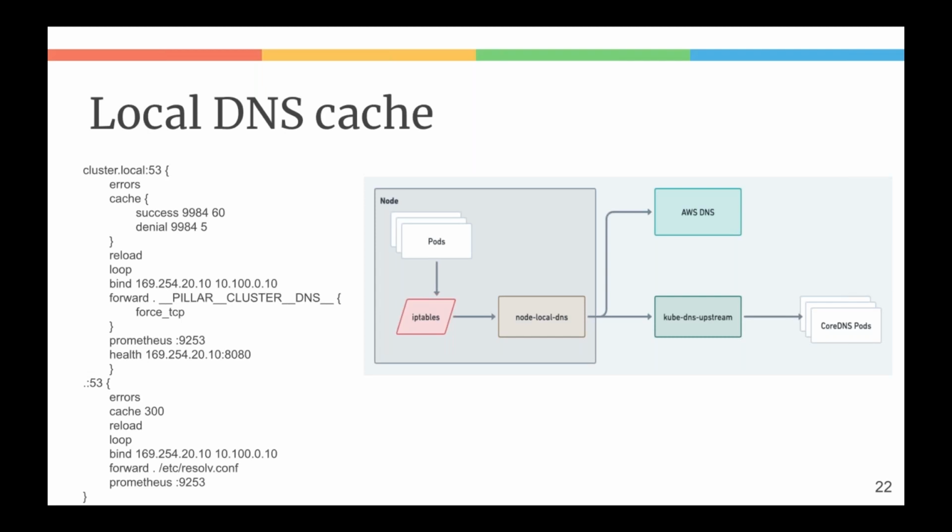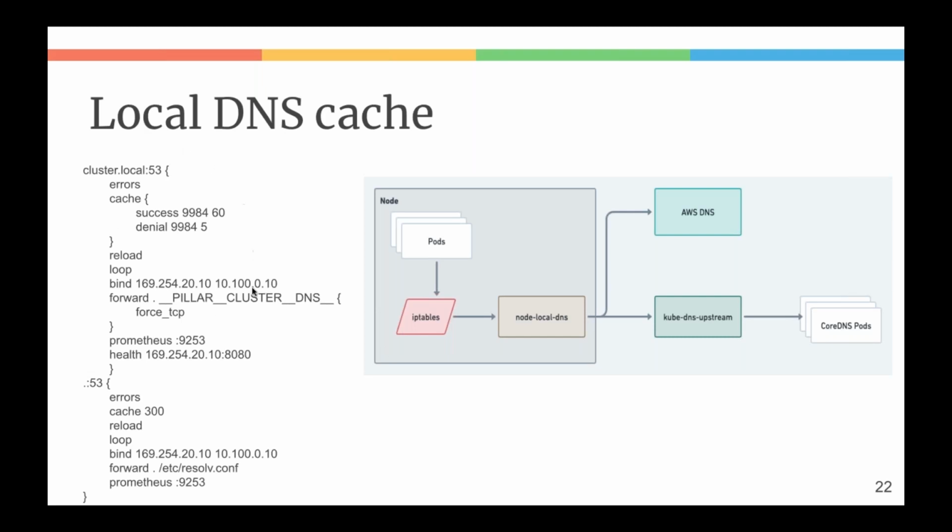Simply speaking, we have CoreDNS running on each node as a daemon set, and the requests from the pods in that node will go to this pod instead of the upstream one. It does a little trick by using the iptables rules.